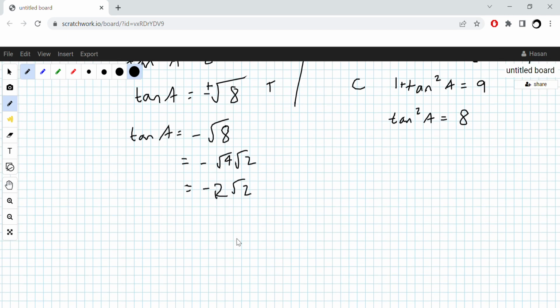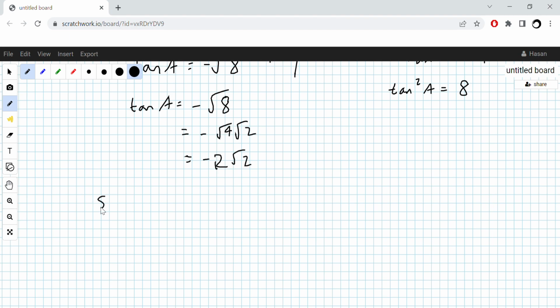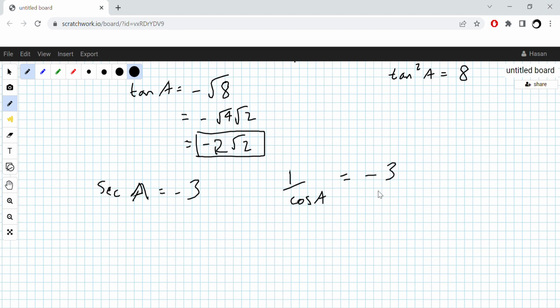Our other way of doing it is when you have sec A equals minus 3. Change this into your identity of cos. So you're going to have 1 over cos A equals minus 3, and cos A equals minus 1 over 3.